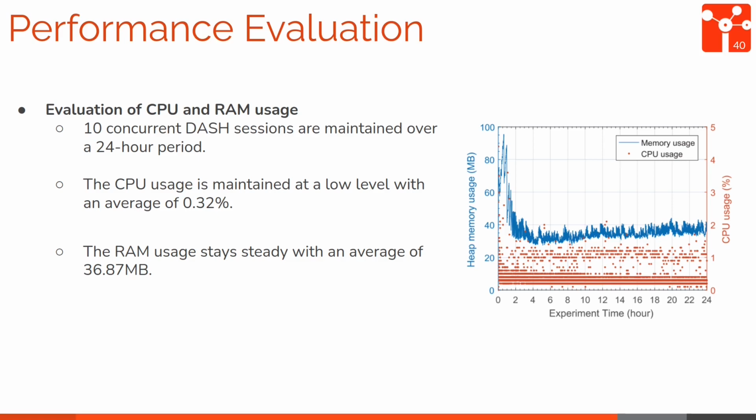In this figure, the right side indicates the CPU usage and the left side indicates the RAM usage. CPU usage is maintained at a low level with an average of 0.32%, and RAM usage is higher at the initial stage due to program initialization, and later becomes steady with an average of 36.87 MB.